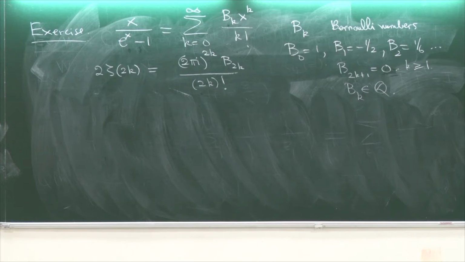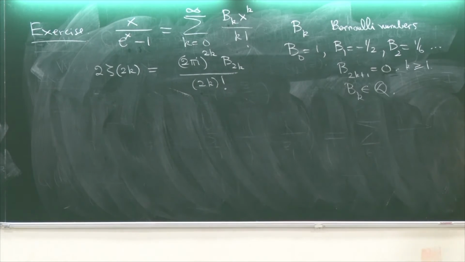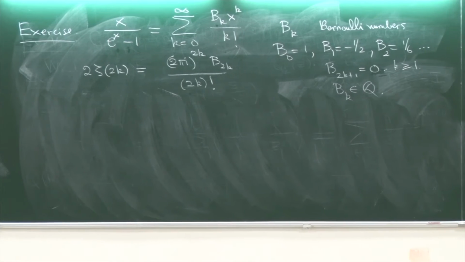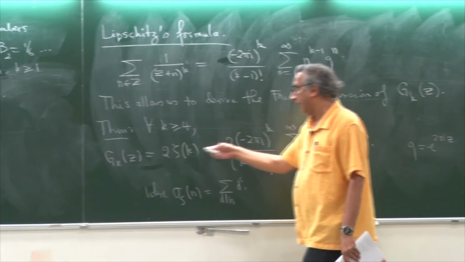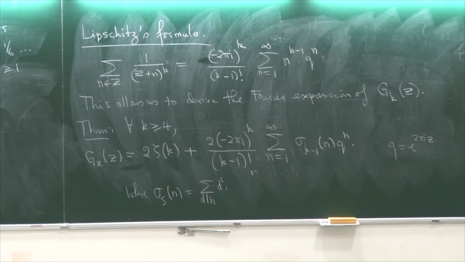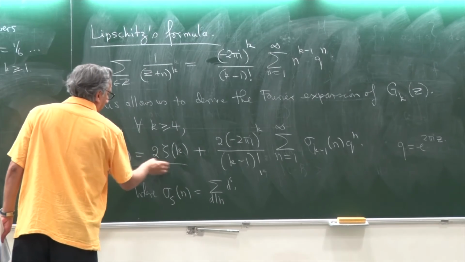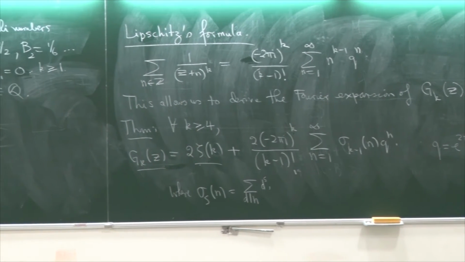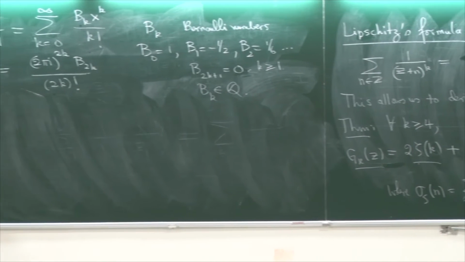Okay, so when you unravel that, when k is an even number, I have zeta 2k here, and I have pi to the 2k here, and essentially the bottom line is I can normalize my series. So g_k(z) has this value at infinity. I'm going to normalize this in such a way that it has the value 1 at infinity.